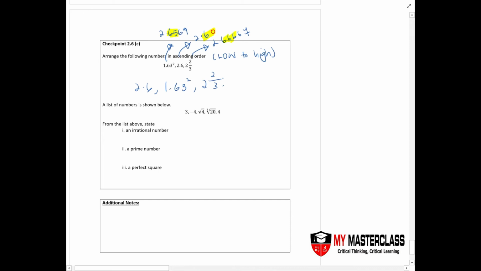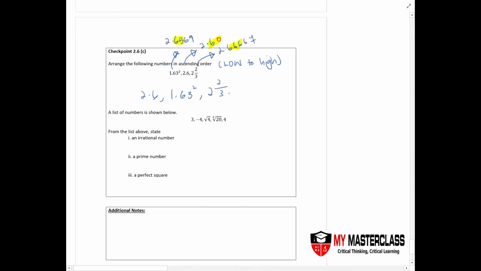Now again, applying the concepts that we have learned just now. What's an irrational number? Irrational numbers, again, are basically numbers that cannot be expressed as fractions. So once you have calculated, it should be cube root 20. Then what is a prime number?